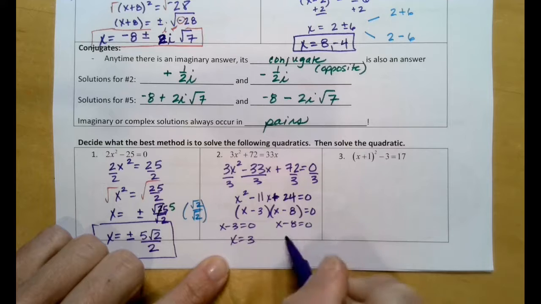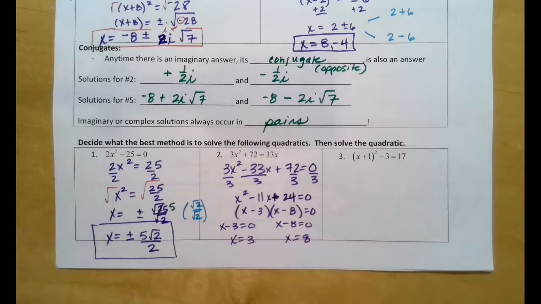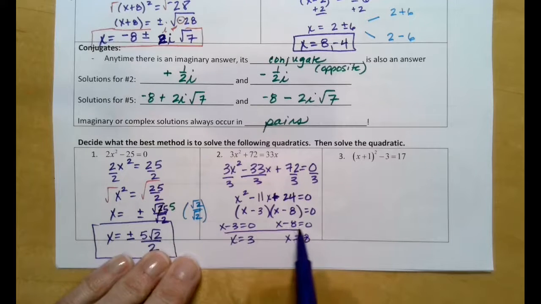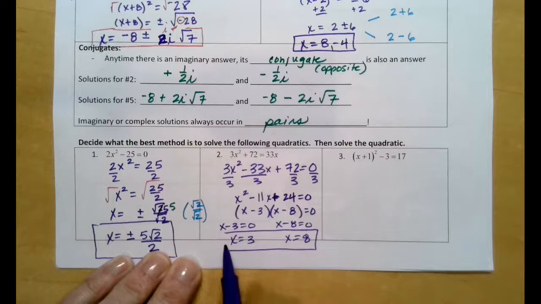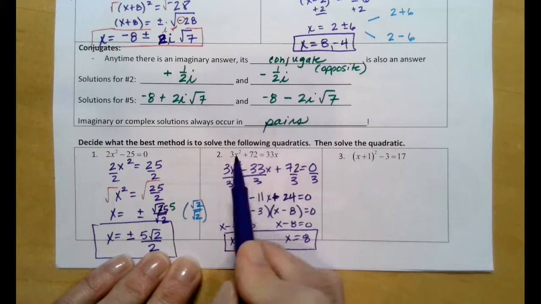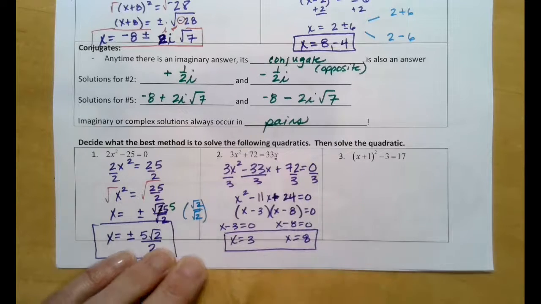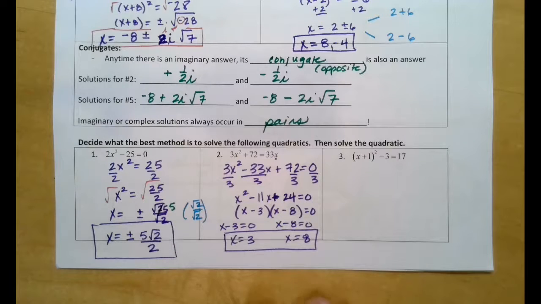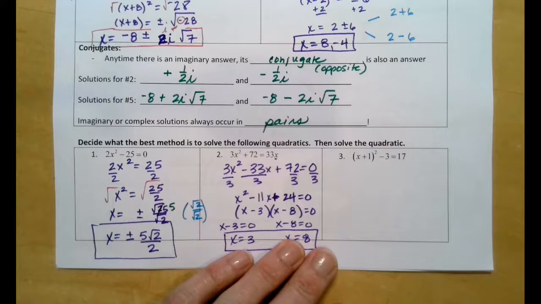So x is equal to 3, and x is equal to positive 8. So that factoring problem worked out better for me because I had an x term there, so taking the square root was not an option for that one.